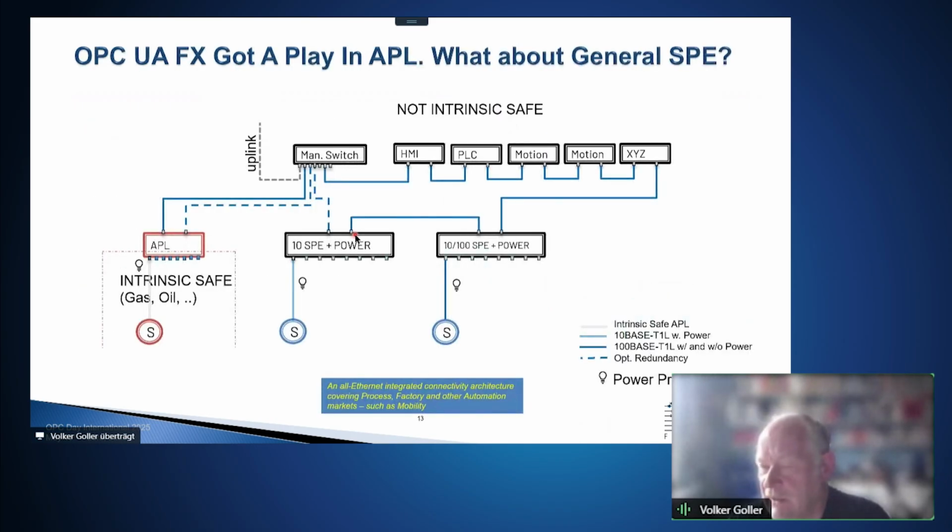And if we look at the broader picture on future topologies, we can see that the future of APL and general SPE is actually one that is Ethernet all over the place. It's all Ethernet down to the sensor, down to the edge of the physical world, and it covers everything.